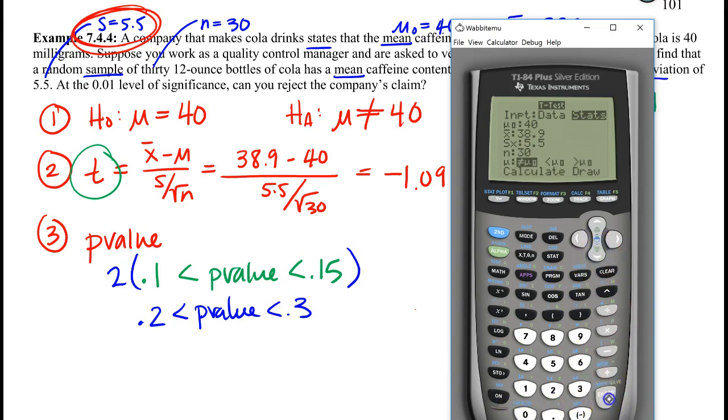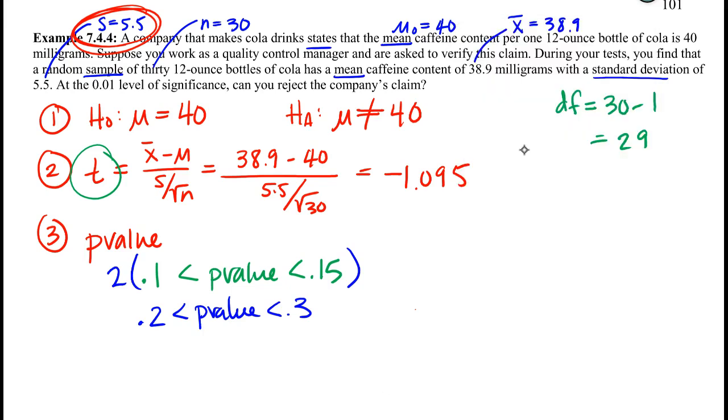Change that to a not equal to, calculate. We get out the same t we calculated by hand, and our p-value, the exact value, 0.2823. So it falls within our little interval here. But here you have table, a range, versus the exact.